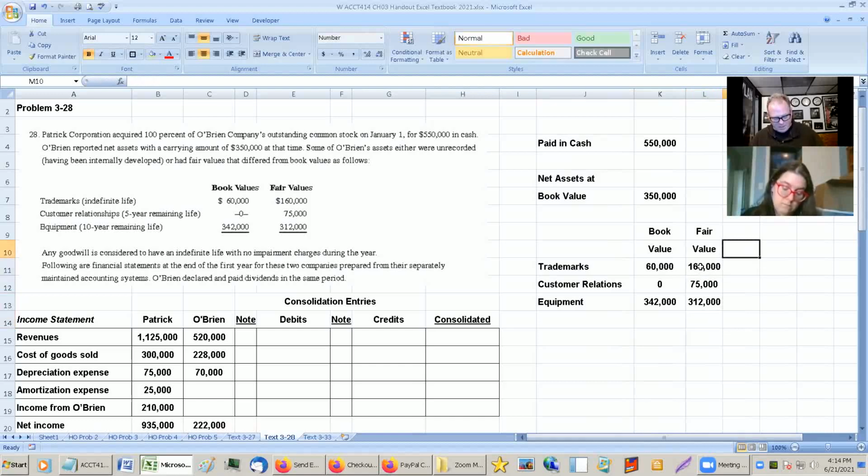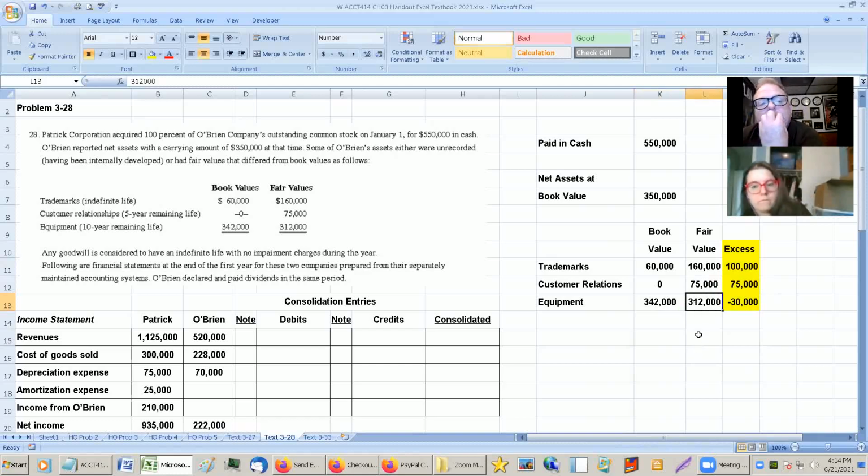Okay, and so this is the excess. You'll notice that the term excess does not really apply to all of these because this one is actually worth less. This one is negative. They're saying their equipment's worth 342,000. We say it's worth 312.